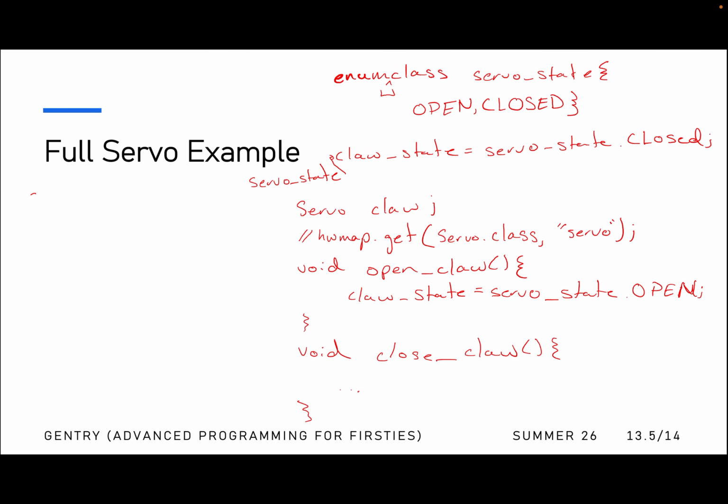we will add a switch on our claw state. Sorry, these will be separated. A switch statement is basically a glorified if statement, right? So then we can add a case. So case open. And then we'll add our break, and I'll explain what this does in a second.